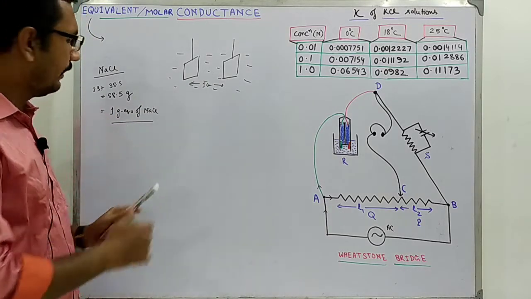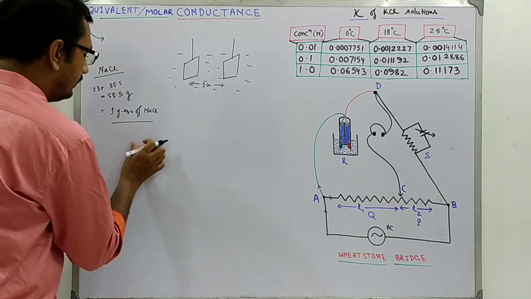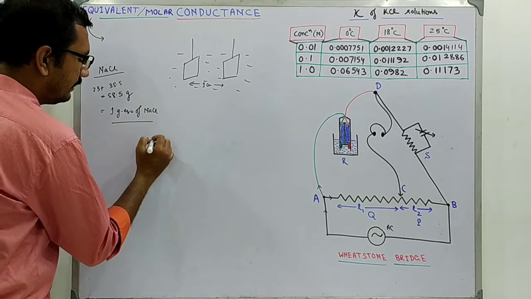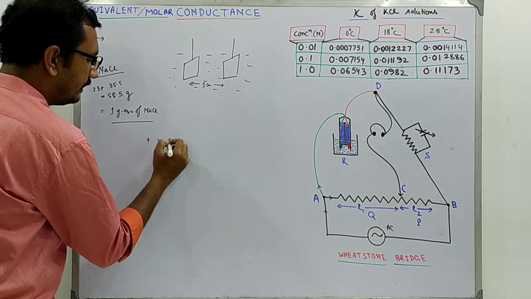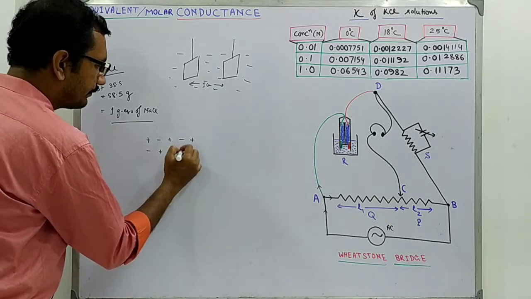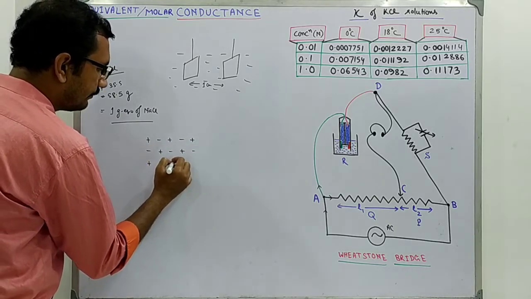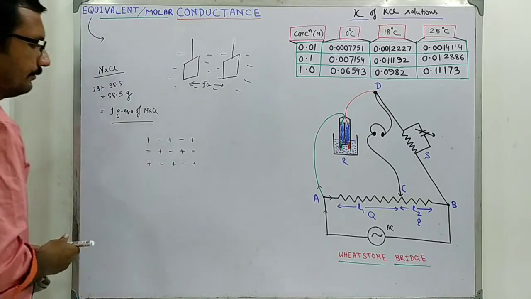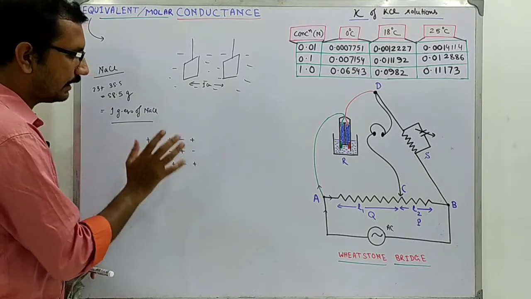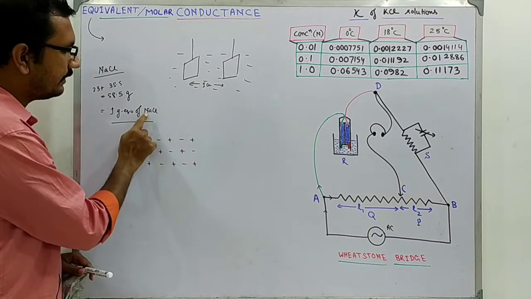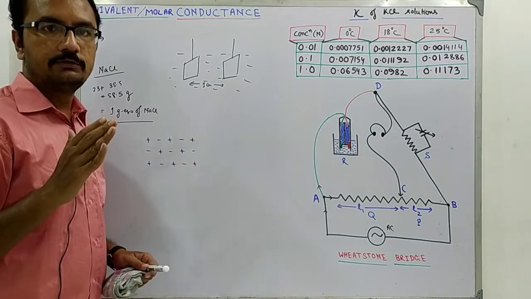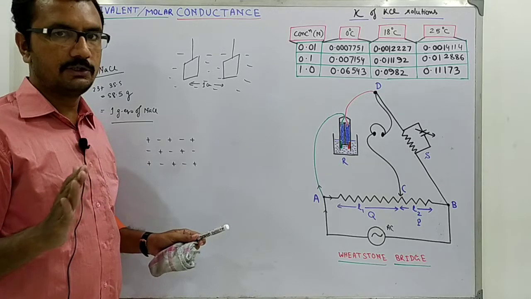Now, let us discuss another concept. See, how does the structure of NaCl look? We have a plus here, then a minus, then plus, minus, and it goes on. So, this Cl minus anion is surrounded by cations and the Na plus cation is surrounded by anions, and this goes on in all three dimensions.